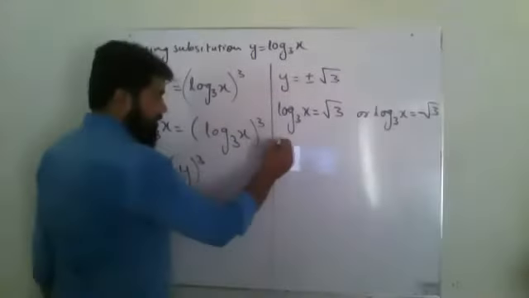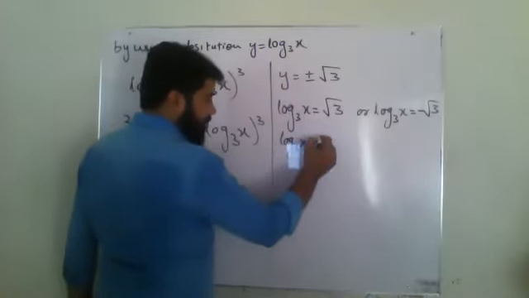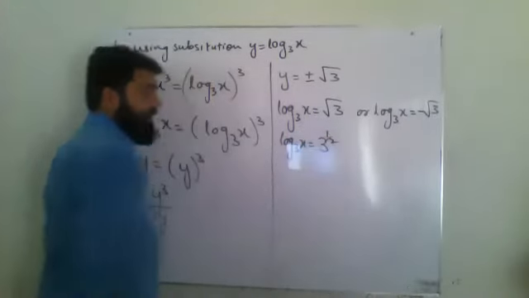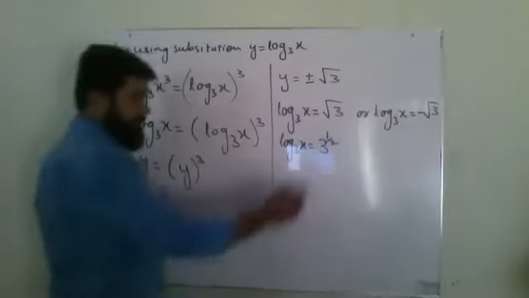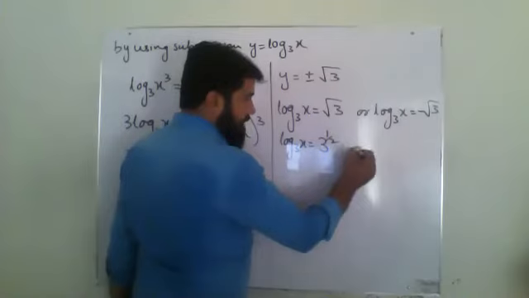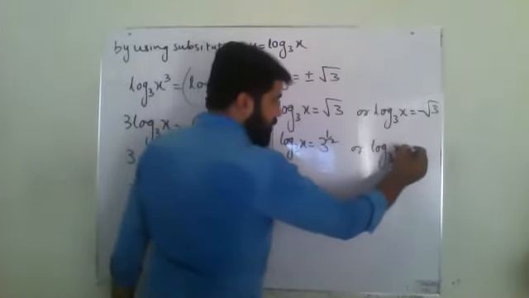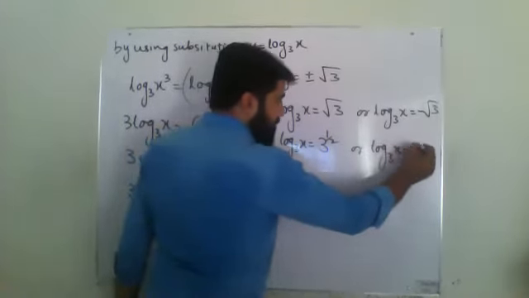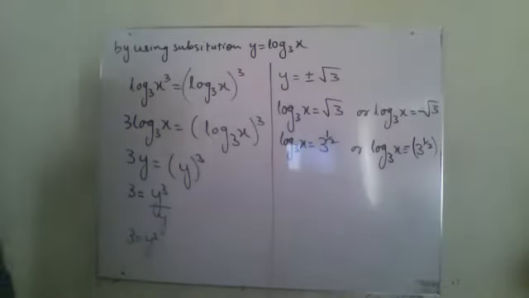So log 3x equals 3 to the power half. And for this one, log 3x equals minus 3 to the power half. But the minus will be written outside, not inside the bracket.